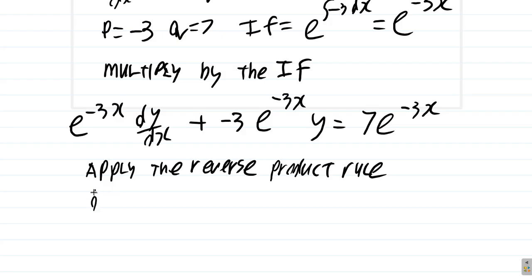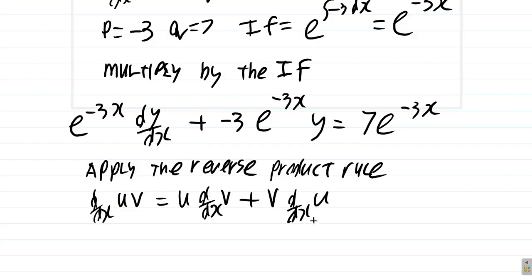If you have the derivative with respect to x of u and v, where u and v are functions of x, the derivative is you hold u as it is times differentiate v with respect to x plus you hold v times differentiate u with respect to x. Sometimes you can just write it as d of uv is u dv plus v du.